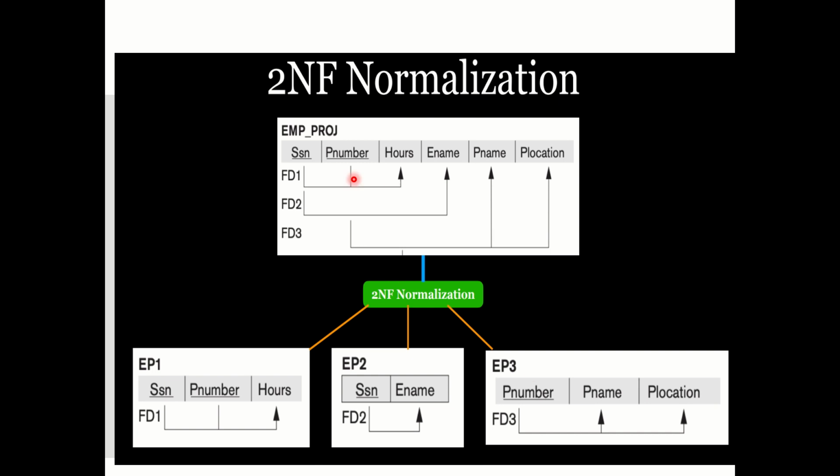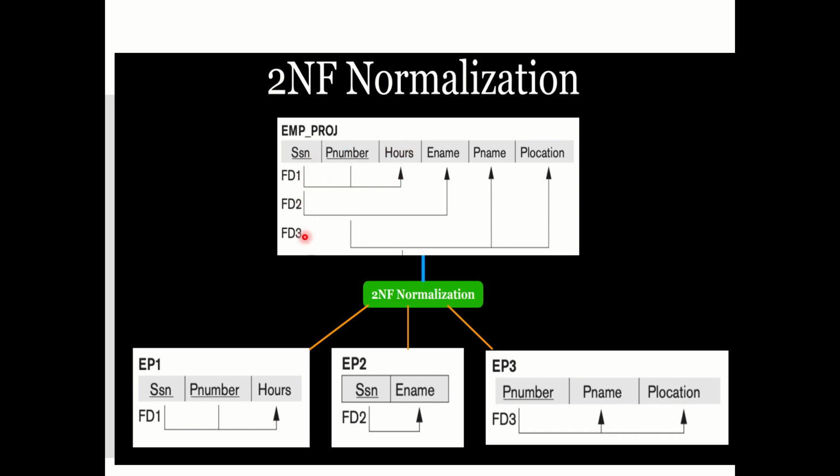Now this is another example. Sometimes you will be given the schema and you will be given the functional dependencies. Here the functional dependencies are given as: SSN, comma, P number, the combination of these two, is functionally dependent on hours.